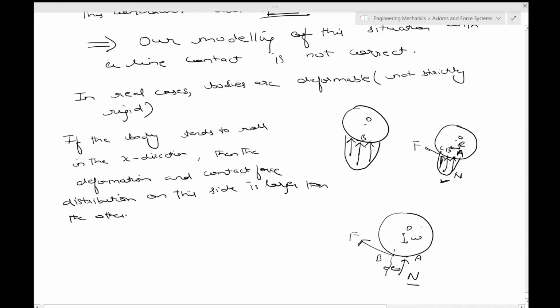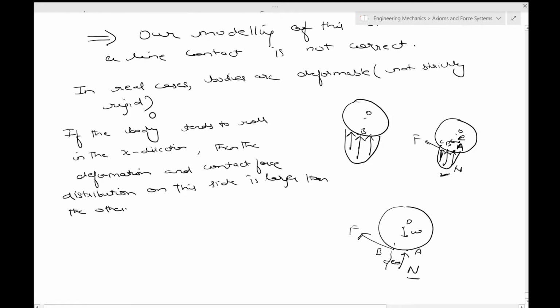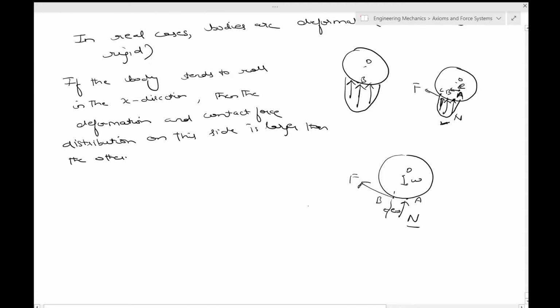W acts. Okay, so you can now draw an equivalent, and let's say that F remains as it is.